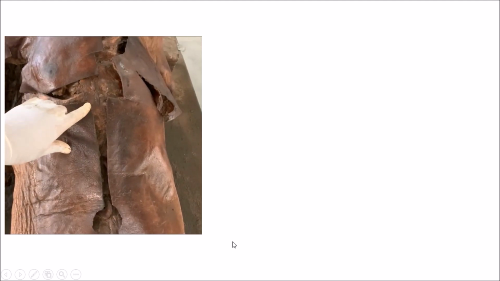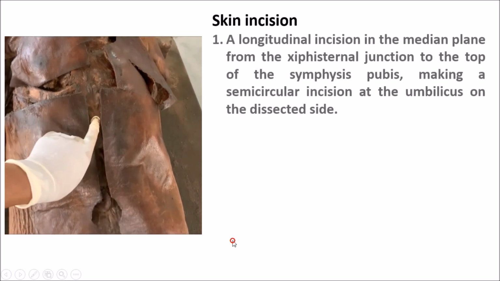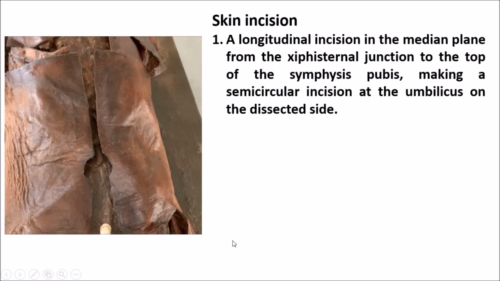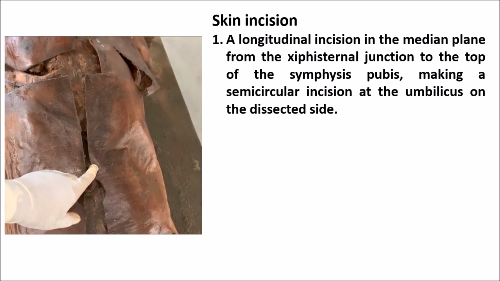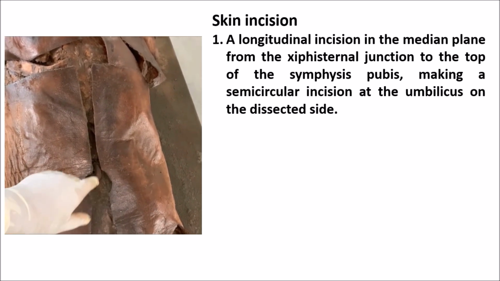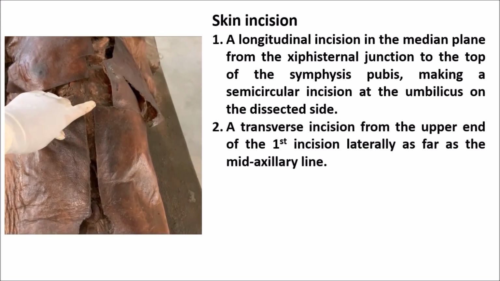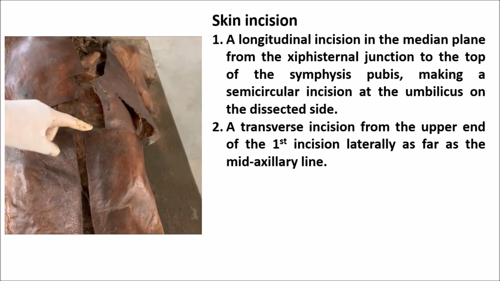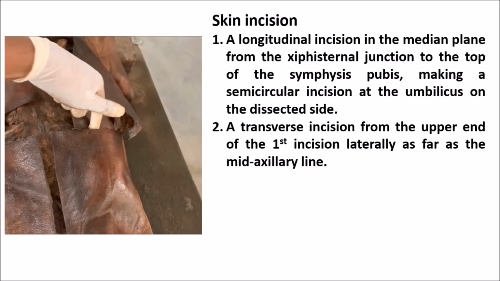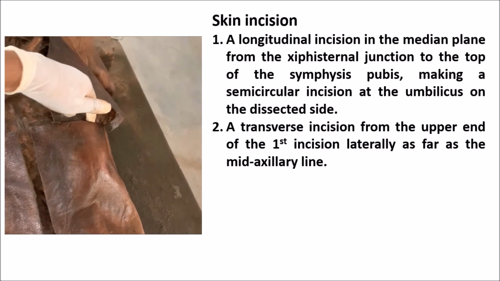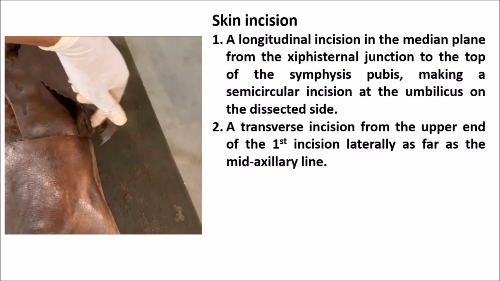At first, I will make a longitudinal incision from the xiphisternal junction to the top of the symphysis pubis, and make a semicircular incision around the umbilicus. Then from the first point of my first incision, I will make a transverse incision laterally up to the mid-axillary line.